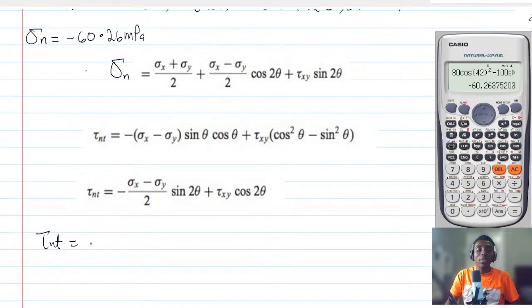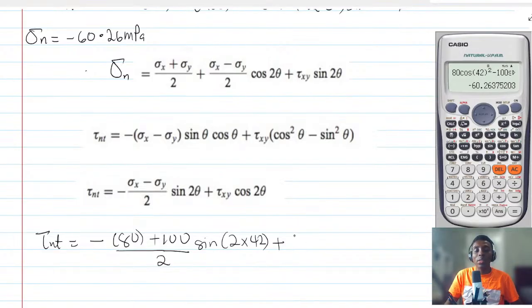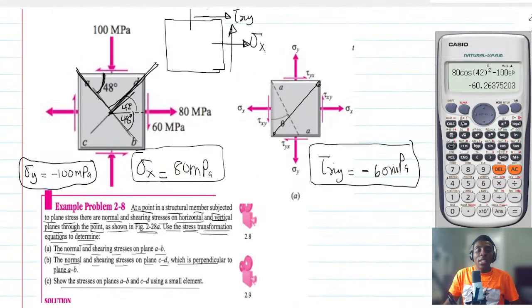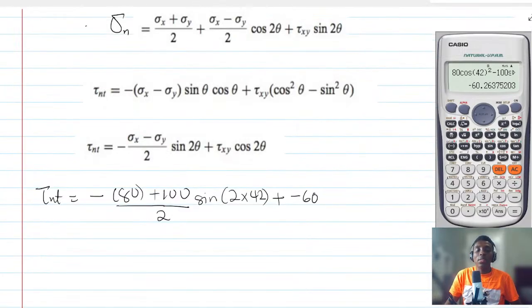Let's calculate that one. It's going to be minus sigma x, which is 80, minus sigma y, which is minus 100. So plus 100, divided by 2, sine 2 theta. So 2 times 42, plus tau xy, which is minus 60, so minus 60 cosine 2 times 42.